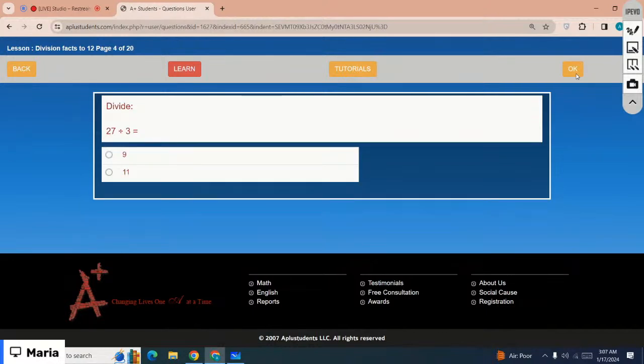Okay, the next one is 27 divided by 3. You need to count the table of 3 until you get the answer 27. So which is the correct option? Yes, that is 3 times 9 is 27. Very good. The correct option is 9.